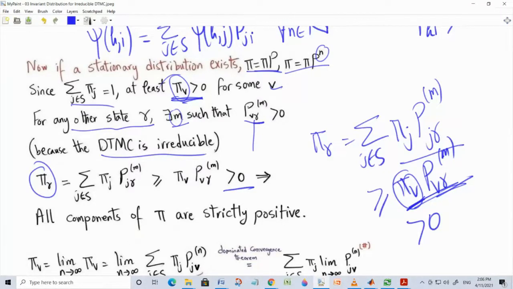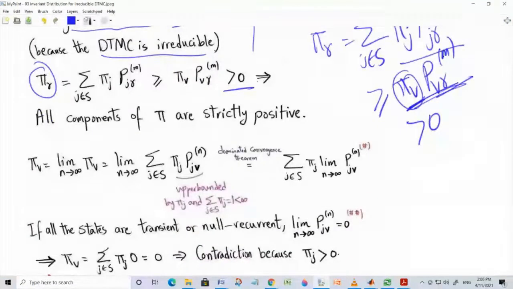So the first thing that we have shown is that if there is a stationary distribution, a non-negative vector with a sum of 1 that satisfies the eigenequation of P or P to any power with an eigenvalue 1, then basically this vector must be strictly positive. All its components must be strictly positive.